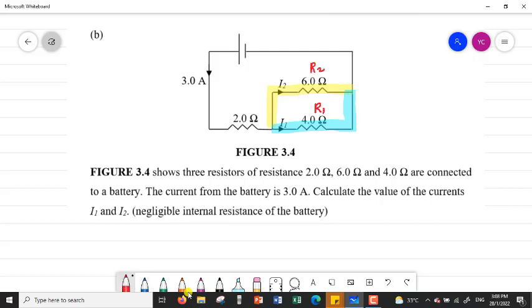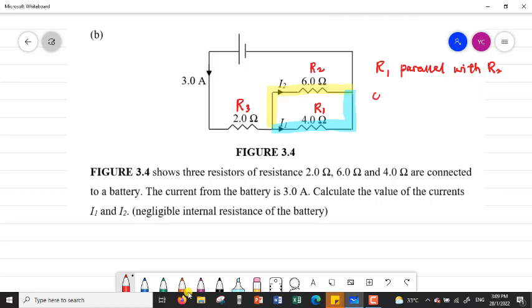So the current flow through the 4 ohm resistor is I1. The current flow through the 6 ohm resistor is I2, so I label this one as R3. So we will see very clearly R1 is parallel with R2. Okay, so the combination of R1 and R2 is in series with R3.